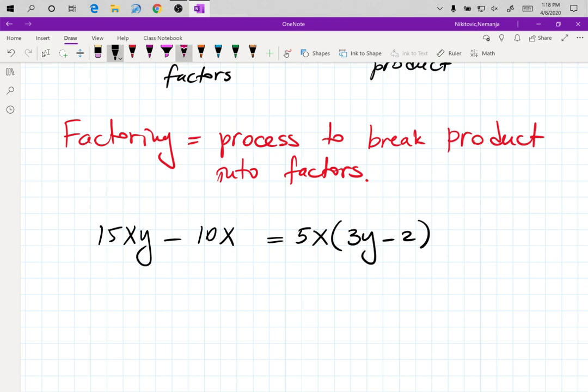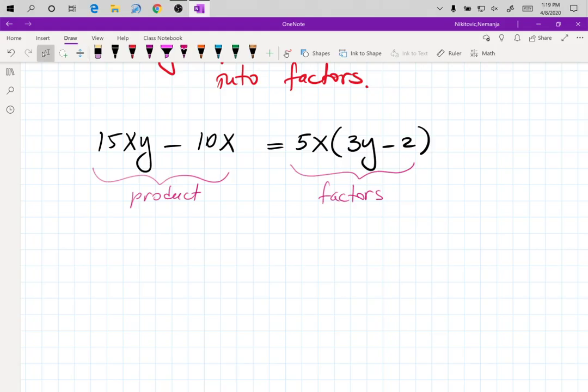So you see that this over here is a product, and these guys over here are factors. So that's what I have for this situation. Now, how's this done?